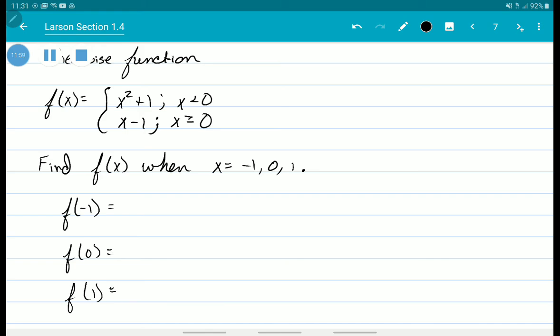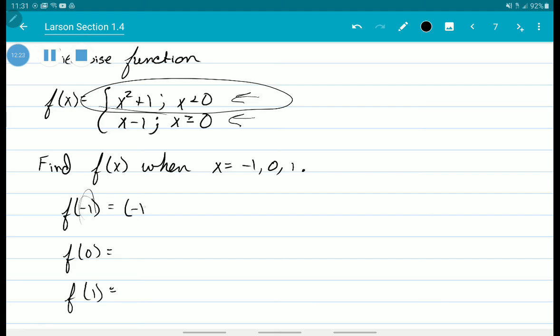You really have to ask yourself, which piece are you using? So if we're looking at -1, notice our x value is -1. We have to ask, for which piece, this one or this one, does that -1 fall in the domain? Well, we know -1 is less than 0, so we're using that piece to evaluate.